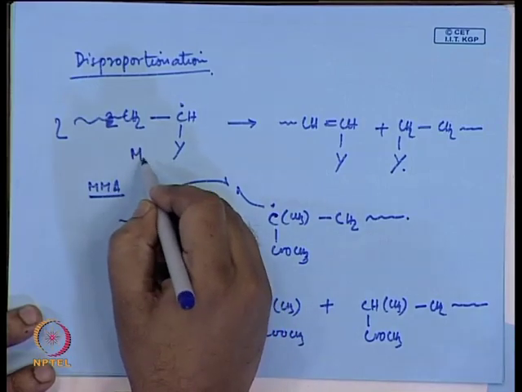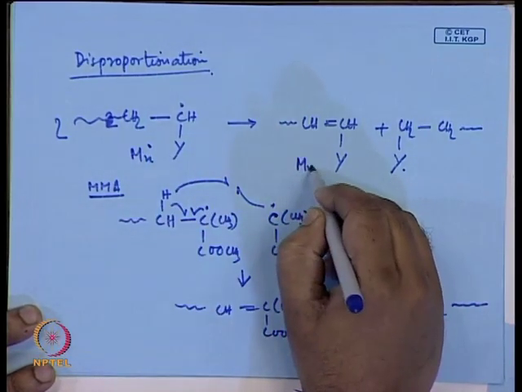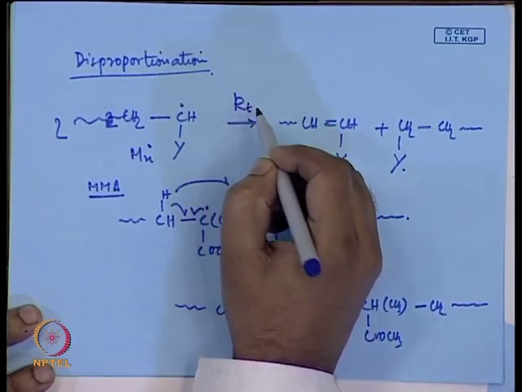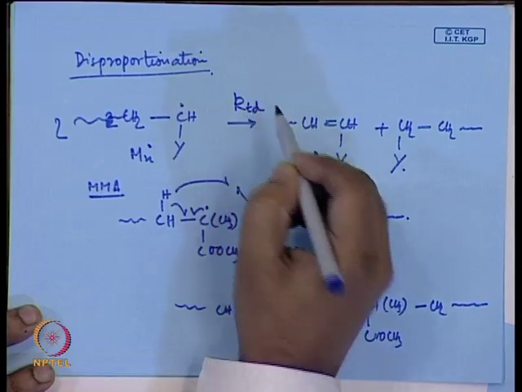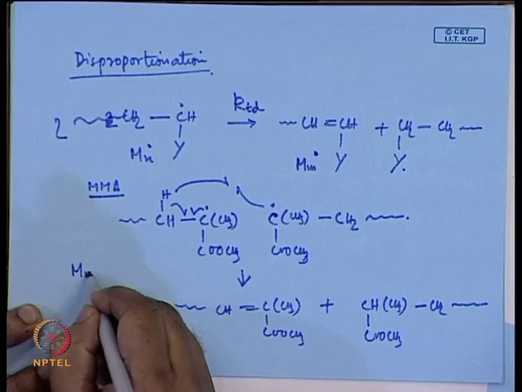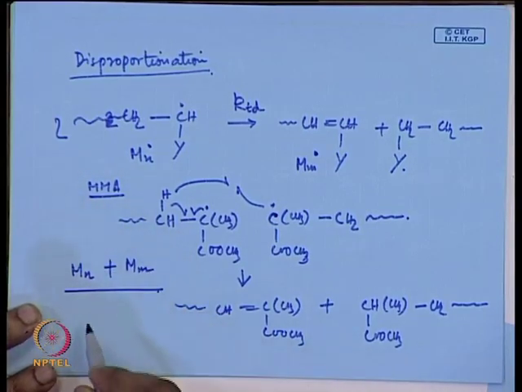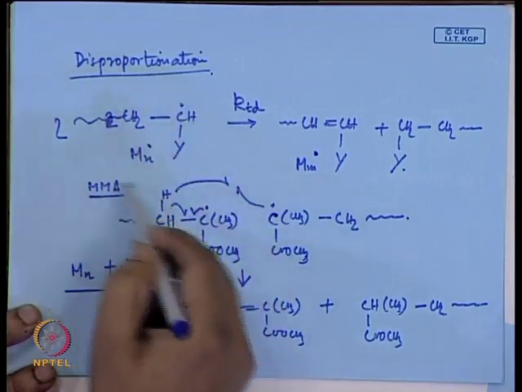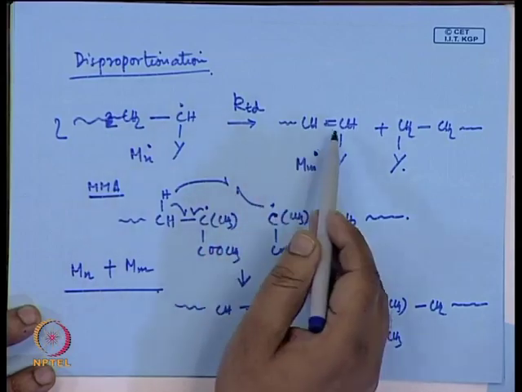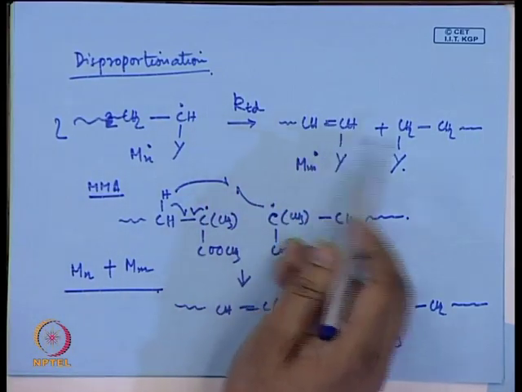So, if I write Mn dot here and this is Mm dot, and this reaction is K termination by disproportionation, then it gives again Mn plus Mm. Here, on termination, the molecular weight does not change, ignoring the difference of 2 hydrogens between these two.